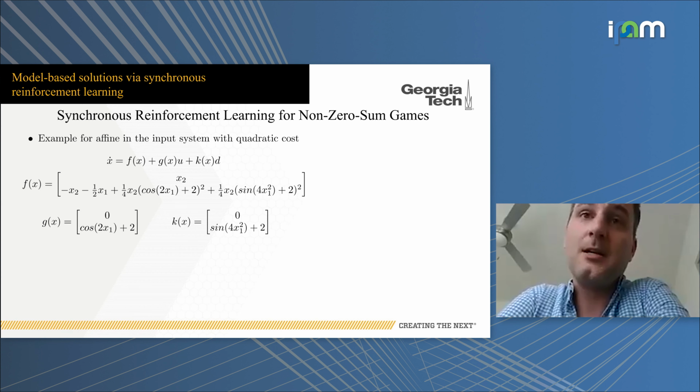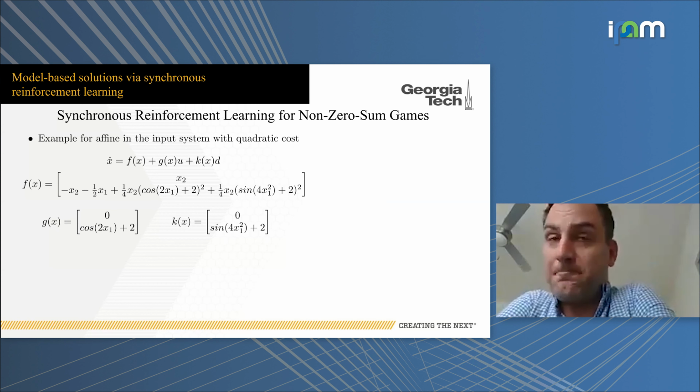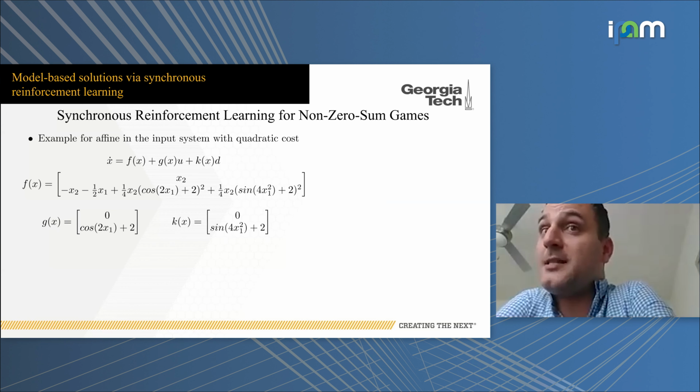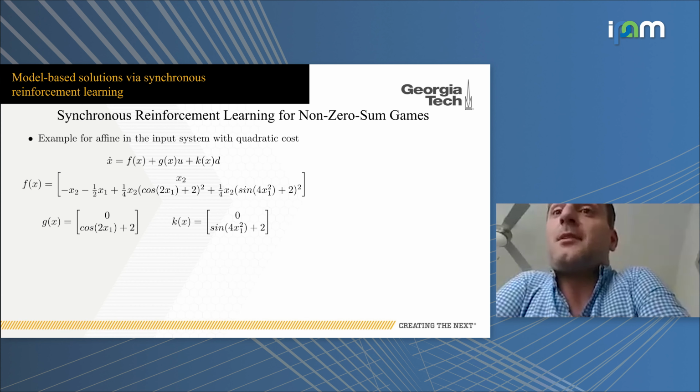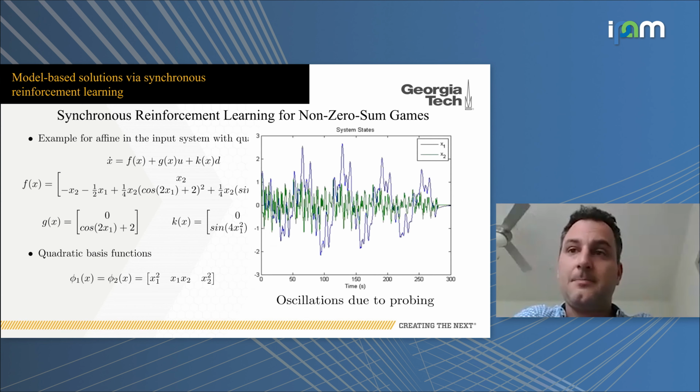In order to see if I converge to the right solution, I will use an inverse optimal control method, so I will already know the solution, which was in a paper by Nevistic and Primbs, and then I will compare it with my solution. Of course, we were able to stabilize the system. You see all these oscillations, they are due to the probing noise, and then we eventually converge to the optimal solution.